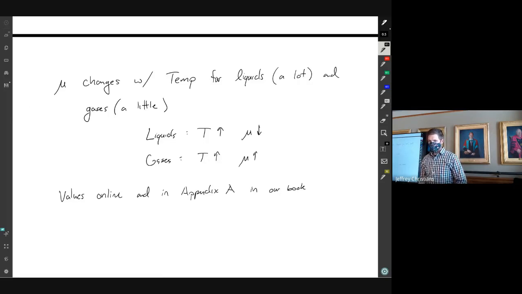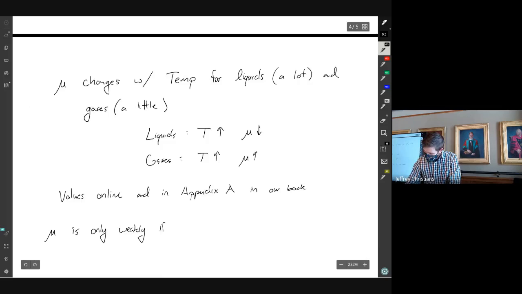Pressure doesn't so much. So viscosity is only weakly influenced by pressure.